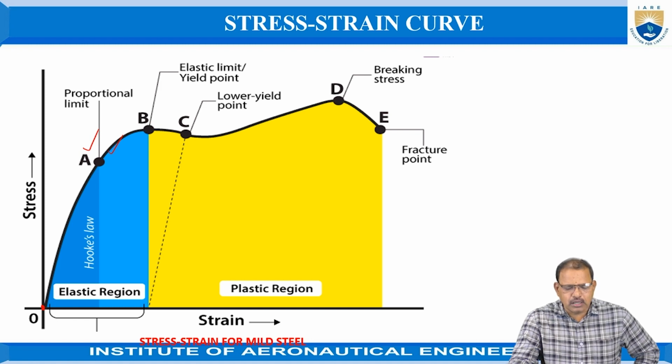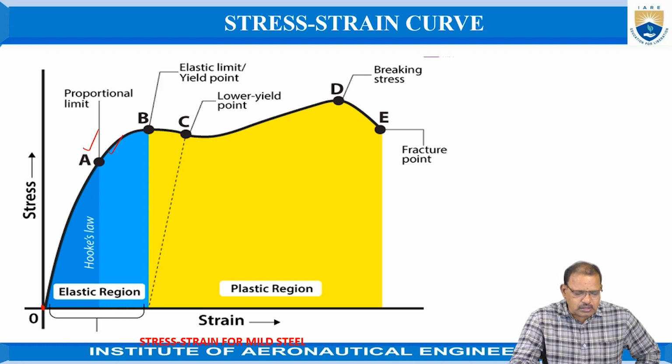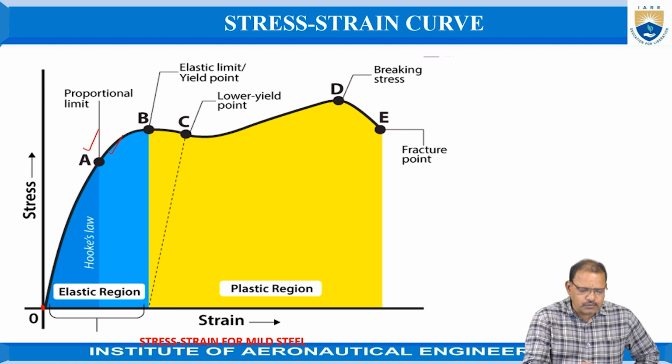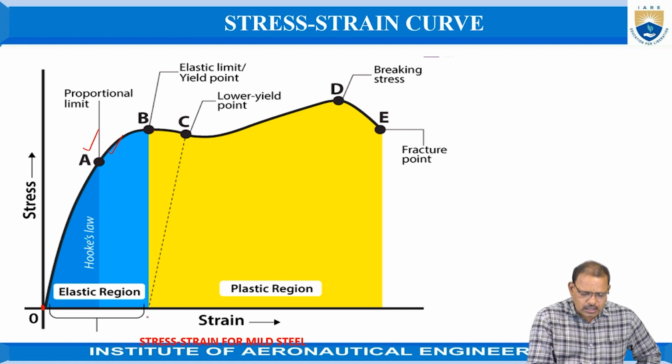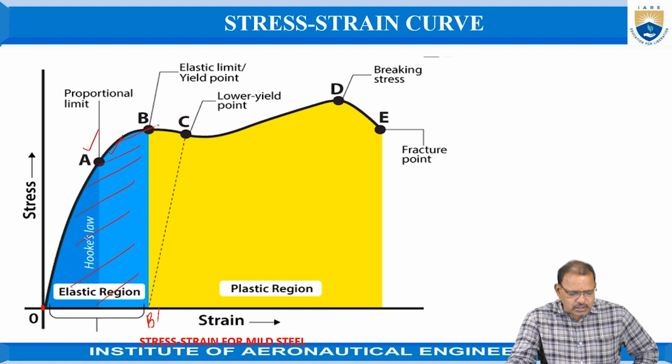It is also called the upper yield point, up to which, when the load is applied and then removed, the specimen regains its original shape. Hence, the region under the curve from O to B and B dash, represented here in yellow, is known as the elastic region. That means when the applied load is removed, it regains its original shape.